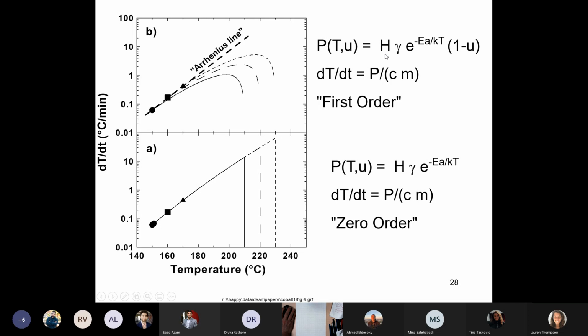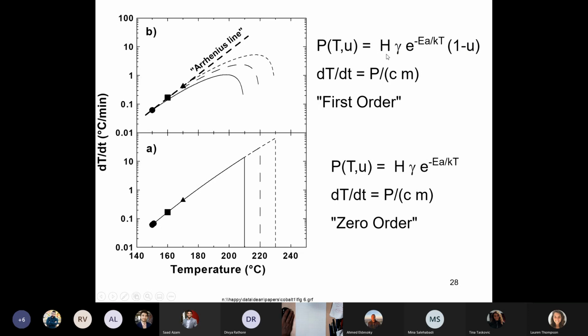So we mentioned before that you have the total heat involved in the reaction, that's H, times the frequency factor, times the Boltzmann's factor, times 1 minus U. And you remember U is the degree of conversion of reactants into products. So at the beginning of the reaction, U is 0, and at the end of the reaction, U is 1.